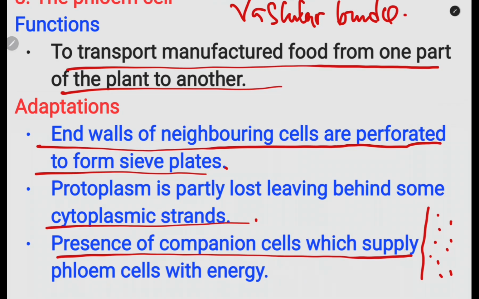I've seen questions that ask what makes you identify that this is the xylem and this is the phloem. One of the noticeable parts is the companion cell, and the companion cell provides energy to the cell. That is something you should understand.